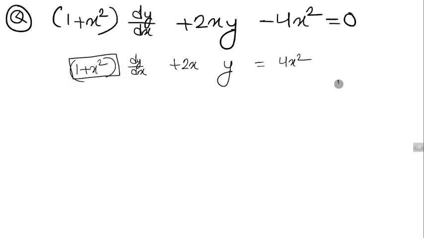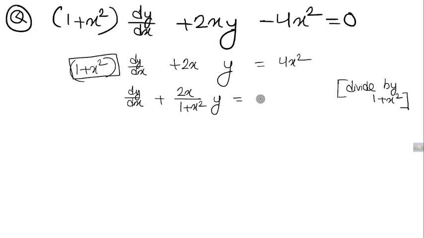So to do this I have to divide both of the terms by 1 plus x squared, and if I do this I will have dy by dx plus 2x over 1 plus x squared y, and then 4x squared over 1 plus x squared. So see, I now have the coefficient of dy by dx equal to 1.